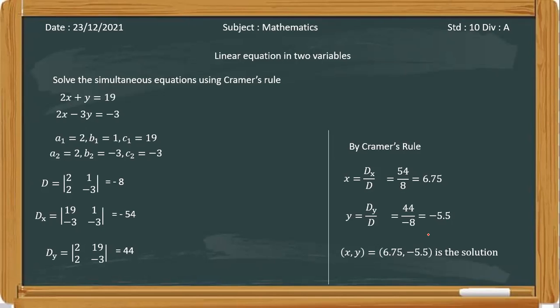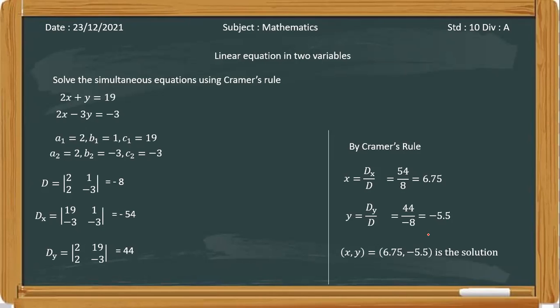Okay, now we will revise what we have learned today. So what was the first step in doing Cramer's rule? Yes, we have to find the determinant of the terms excluding constants. The next step will be we have to find the determinant of x, where instead of the x coefficient we write the constant there.